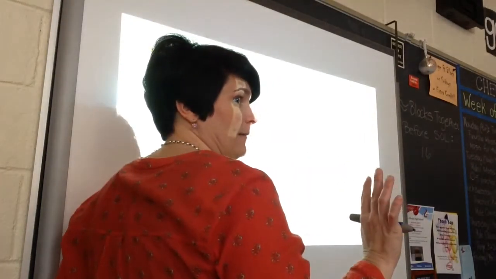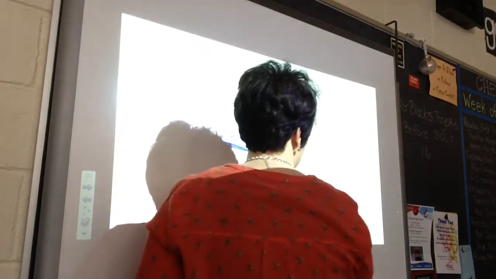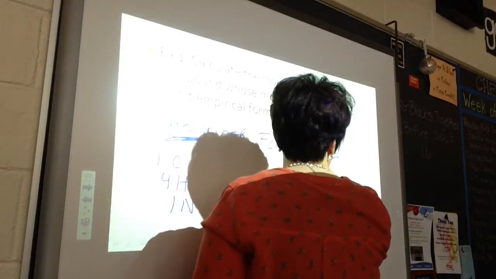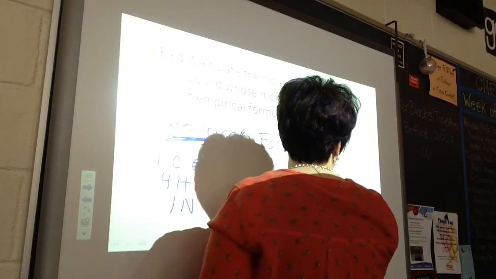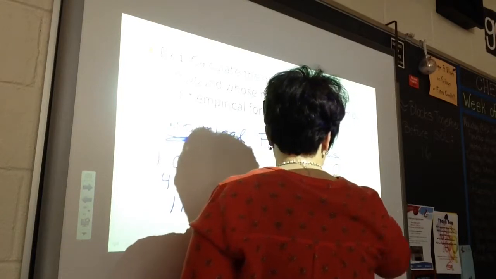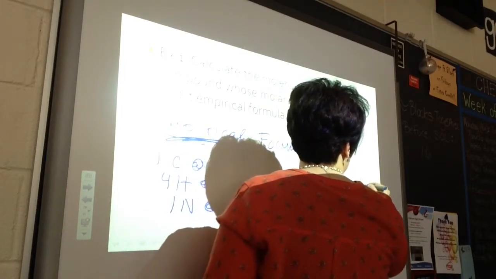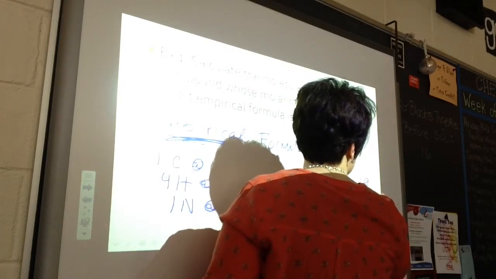So what we do is, very simply, and I'll go ahead and write the math down just so you have it as a model. We're going to take 60.0 and divide that by 30.06, and we get 1.9 whatever, which is 2.